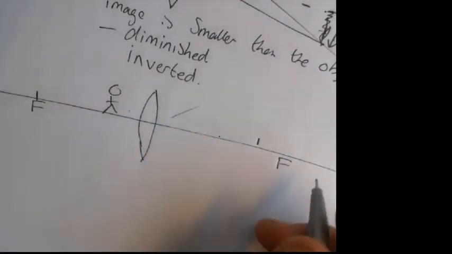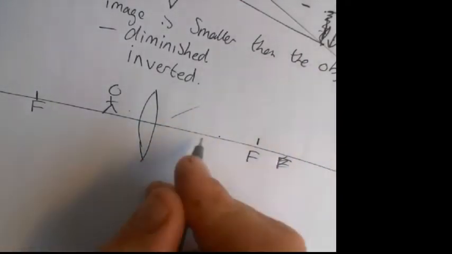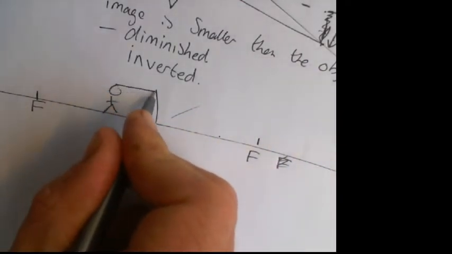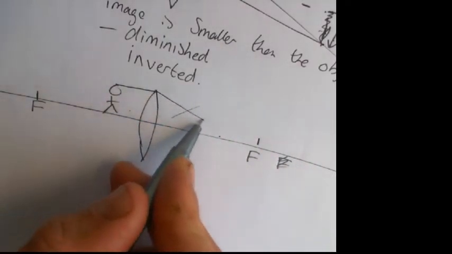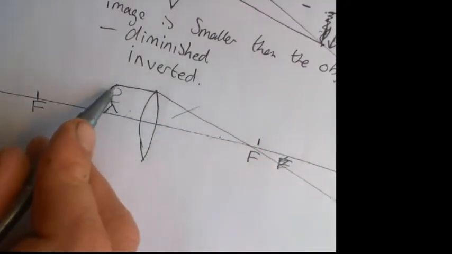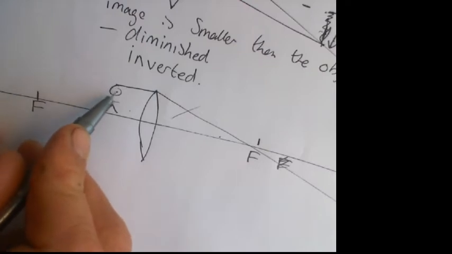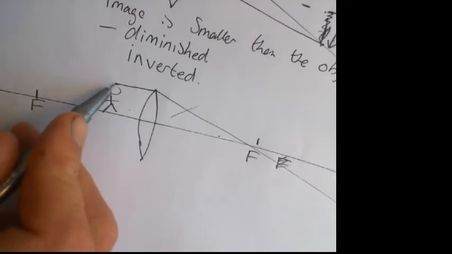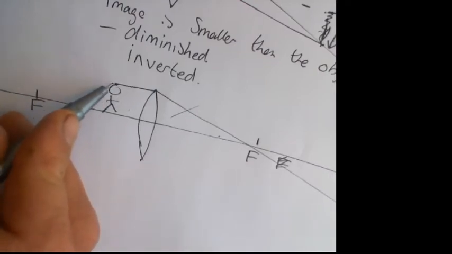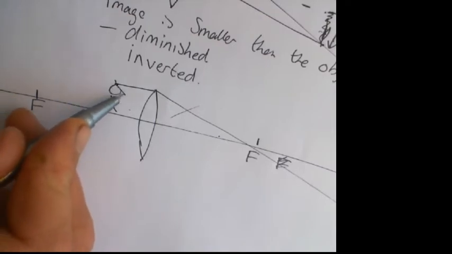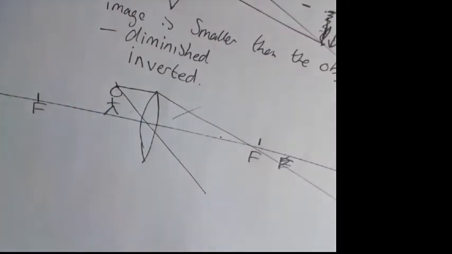Okay. So exactly the same process. You draw a line from the top, and you go through f, and you draw a line through the middle. These lines are never going to meet. But your brain can't cope with that.